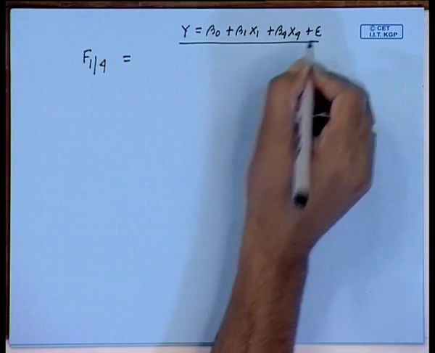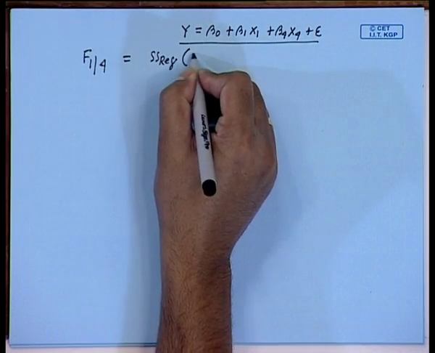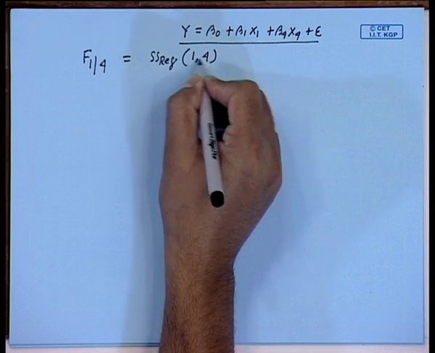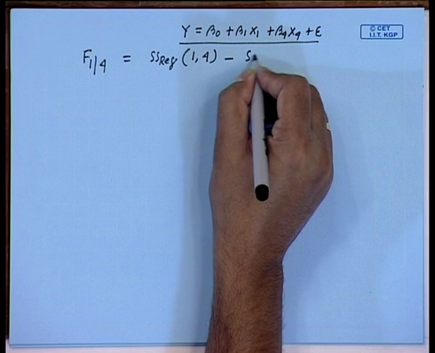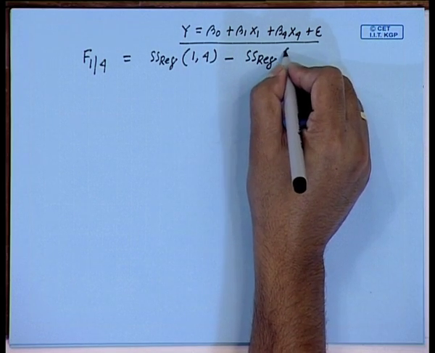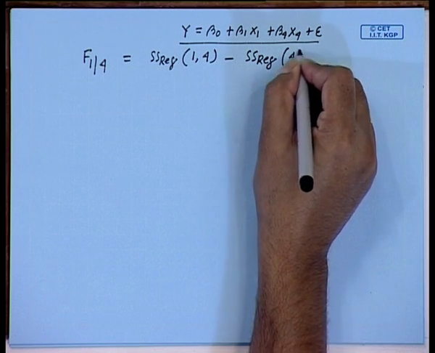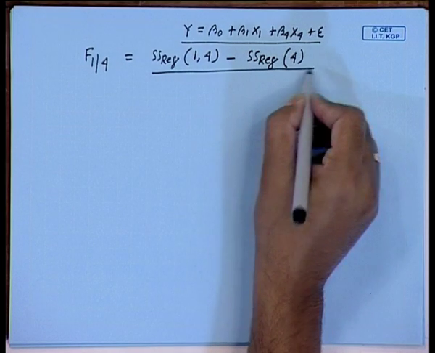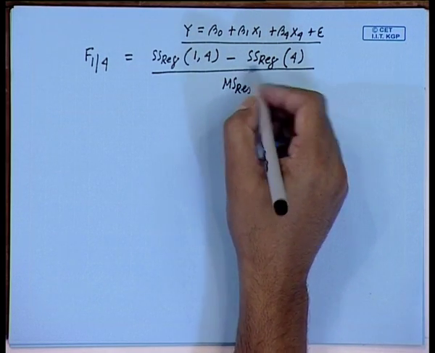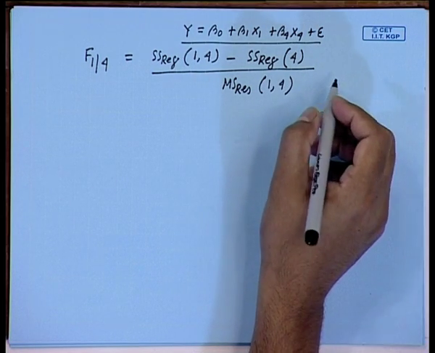You fit this model, and then SS regression for the full model, that is x1, x4, minus SS regression for x4, divided by MS residual for the full model involving x1 and x4.